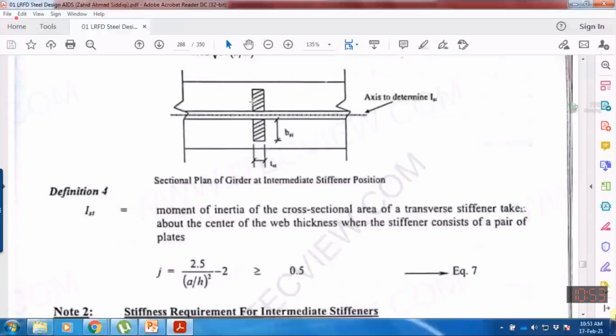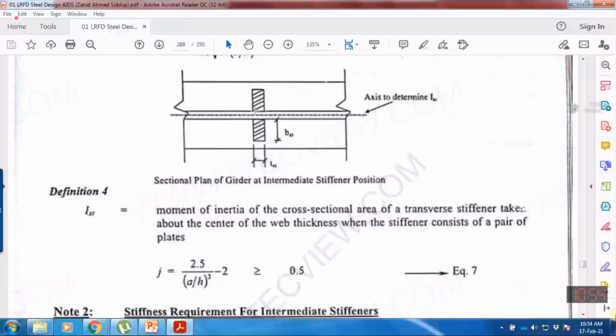If we assume the thickness of the web is equal to 0, in other words, we want to compute the moment of inertia of this rectangular plate about its base. So the moment of inertia of a rectangular stiffening plate about its base is equal to t b cubed divided by 3.